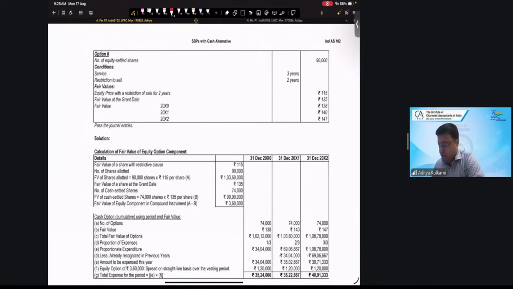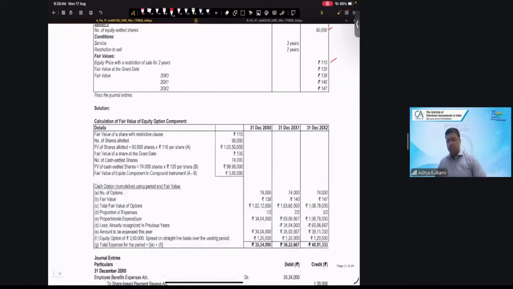Number of equity settled shares 90,000. Service and restriction to sell 3 years and 2 years. Fair values are given with restriction for 2 years 115, fair value at grant date, etc. So 135, 138, 140 and 147.